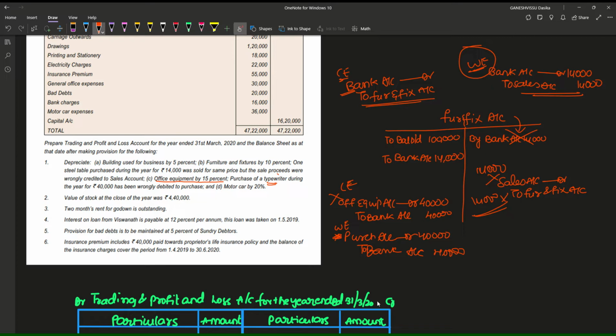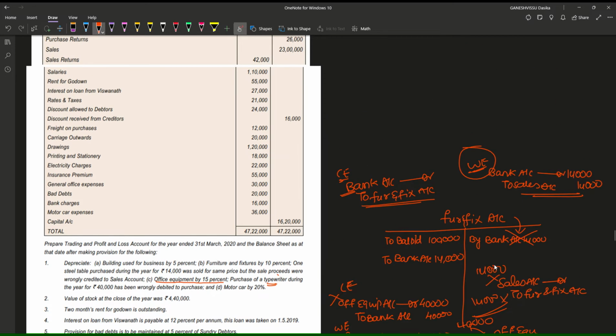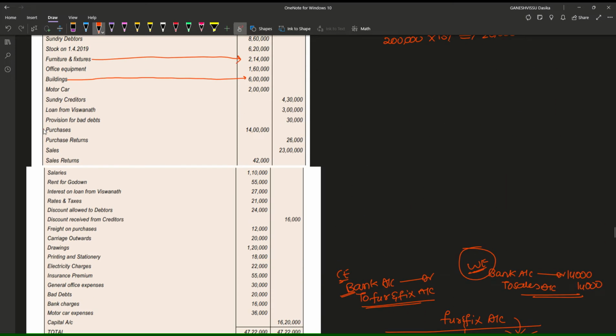So we need to reverse the wrong entry and we shall merge it with the correct entry, right? For which we write the entry: office equipment account debit to purchases. So increase the office equipment by 40,000 and decrease the purchases by 40,000. So what we do here is we shall see the purchases and also take sales, and sales is to be deducted by 14,000.